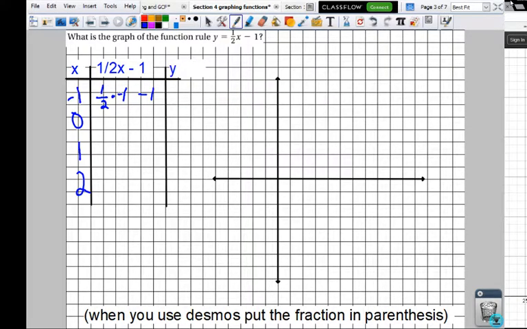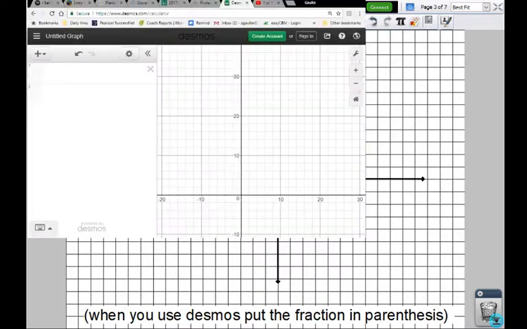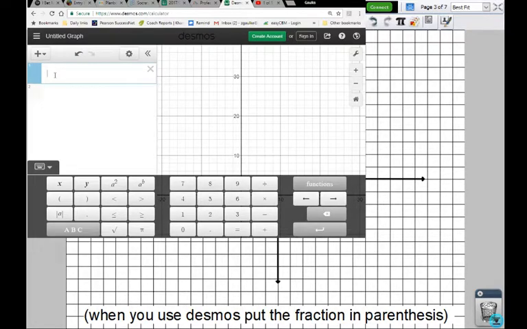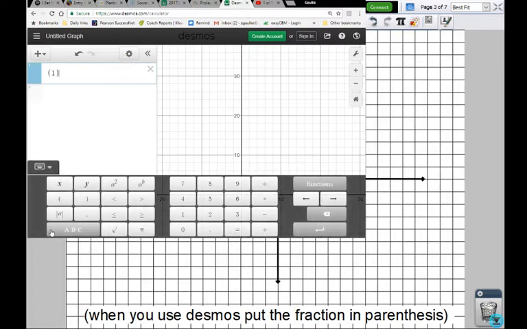Hang on, let me get this moved over here for Desmos. Alright, so we're going to plug in 1/2 times -1 and then -1. So for my fraction, I'm going to go parentheses, 1 divided by 2, in parentheses like that.